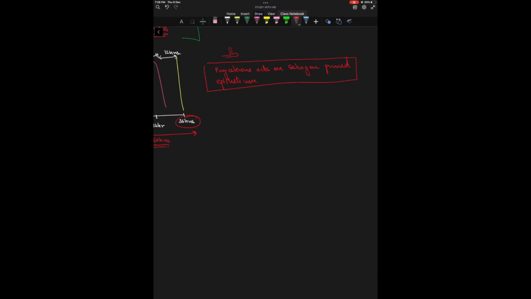If this is the endometrium, it has estrogen receptors and progesterone receptors. So when estrogen is there, only then can progesterone act. In the absence of estrogen, there will be down regulation of progesterone receptors and progesterone will not be able to act.